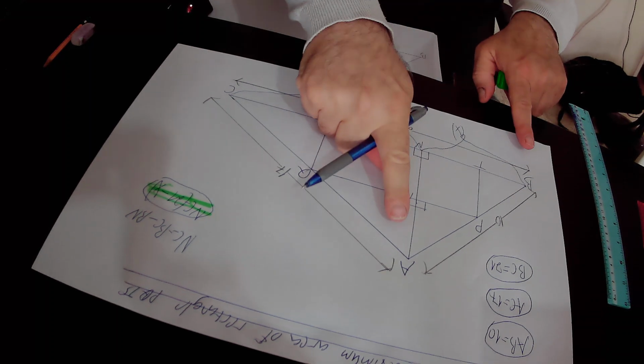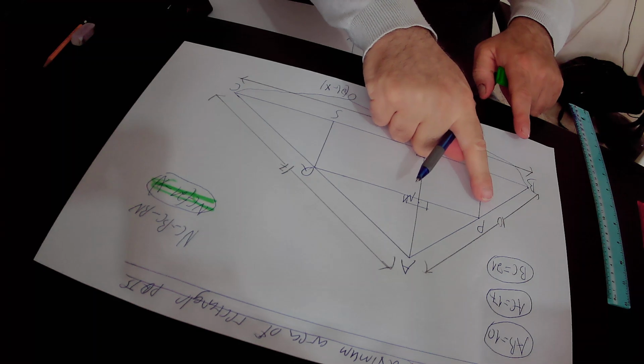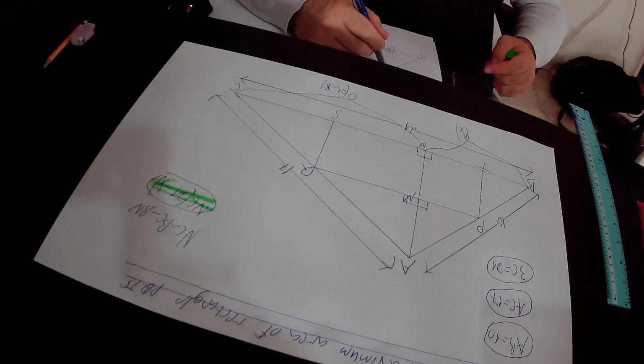The hypotenuse AB equals 10 units in length, according to what is given in the question.